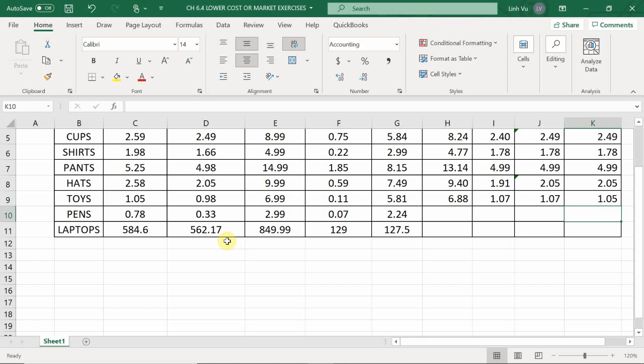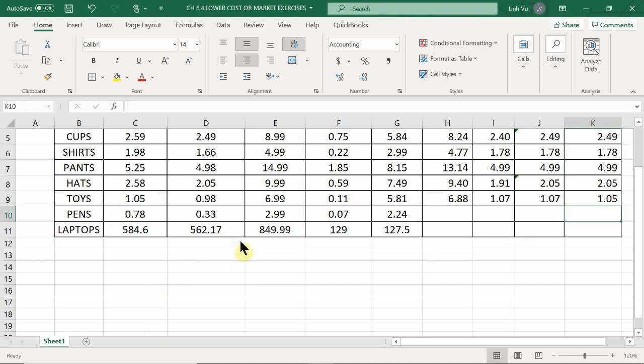Two more. So we bought some pens, right? It cost us 78 cents each. The market tells you it is now worth 33 cents. You sell these pens for $2.99 each. It is going to cost you 7 cents to dispose, and your amount of profit is $2.24. Okay.